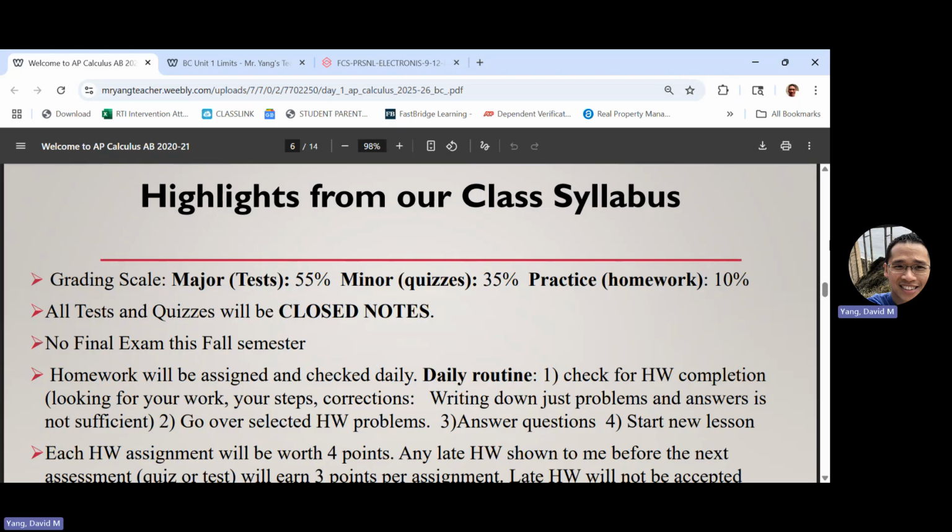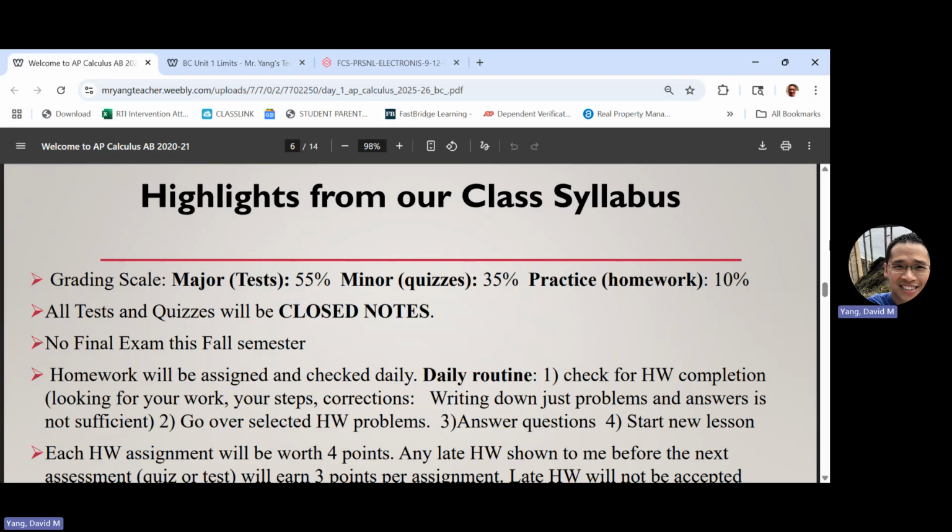Okay, so all tests and quizzes will be closed notes. So in our class, because we're going through so much content in the time that's given to us, sometimes for certain units, I just don't have enough time to do both a quiz and a test. So for some units, we may just have a quiz on that unit, or we may just have a test on that unit.